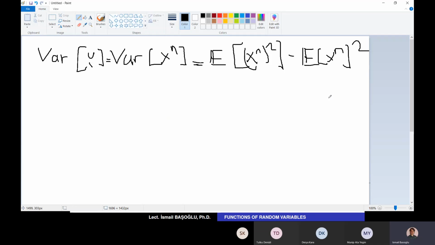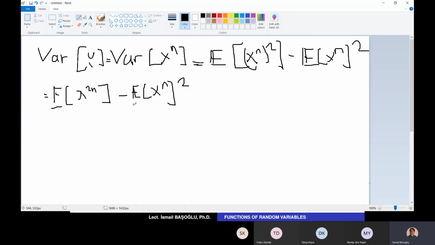Okay, so this is the thing that I am supposed to calculate, which is equal to the expected value of x to the power 2n minus the expected value of x to the power n, squared.